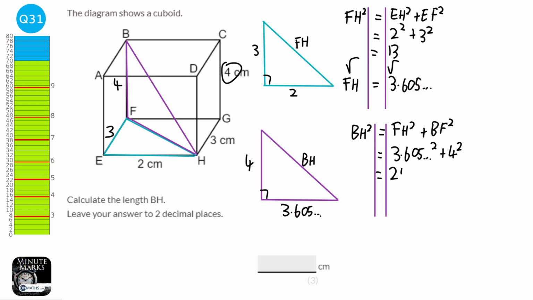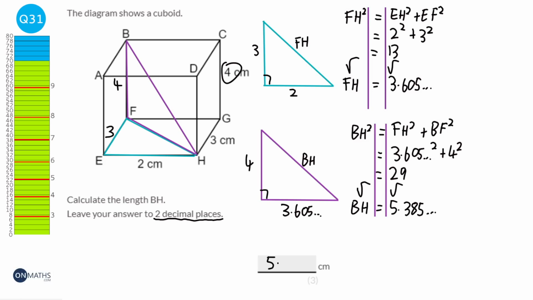That's going to equal 29, exactly 29. Square root both sides, and you get BH equal to 5.385, blah blah blah. It says it wants it to 2 decimal places, so therefore I'm going to leave it as 5.39 centimeters.